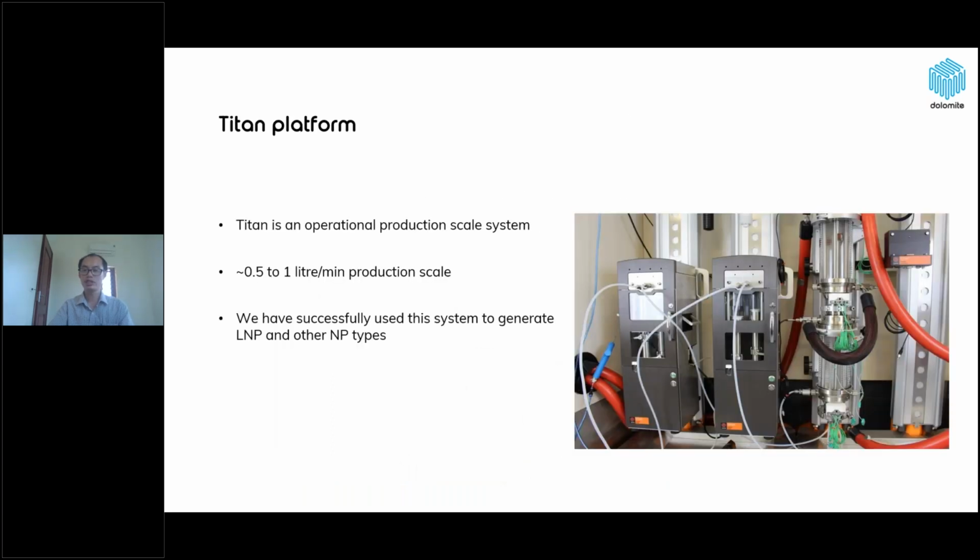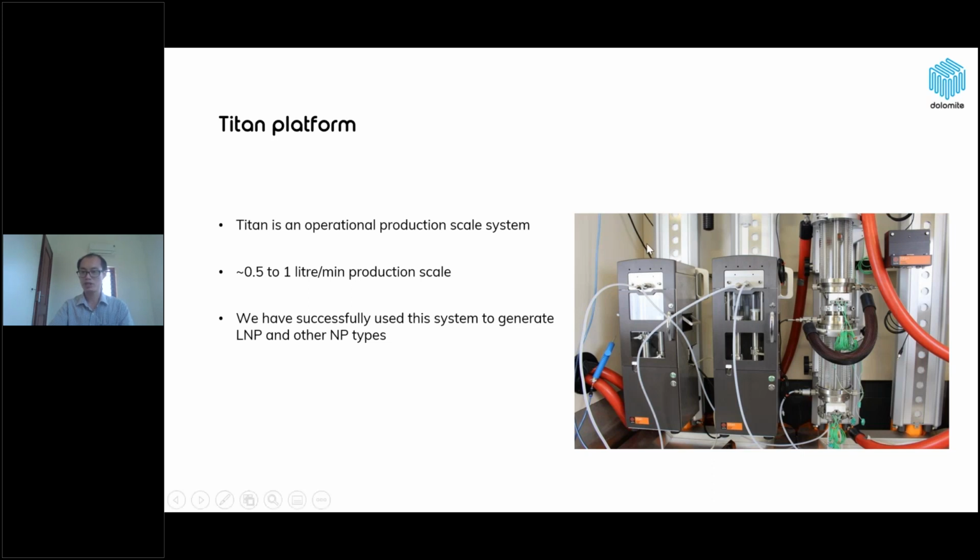Here is a short introduction about the Titan platform that we are developing for production scale-up. It's an optional production scale system from 0.5 to 1 liter per minute. We have successfully used this system to generate lipid nanoparticles, liposomes and other nanoparticle types as well.